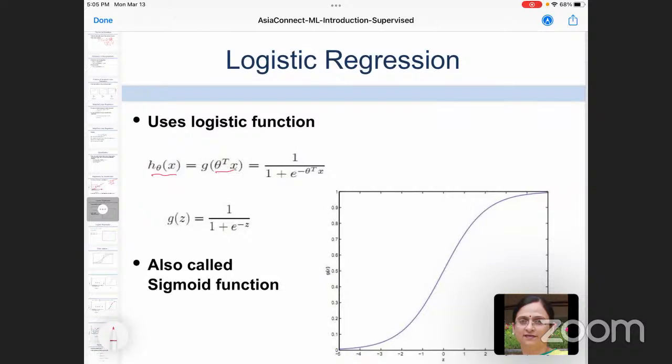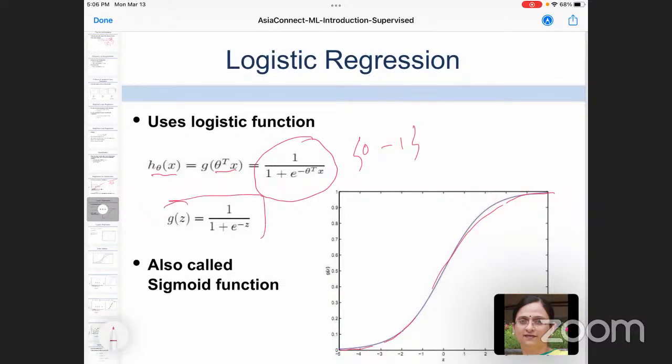Here, h theta x equals a different function that is bounded between 0 and 1.